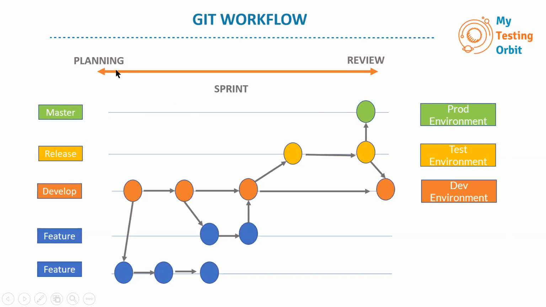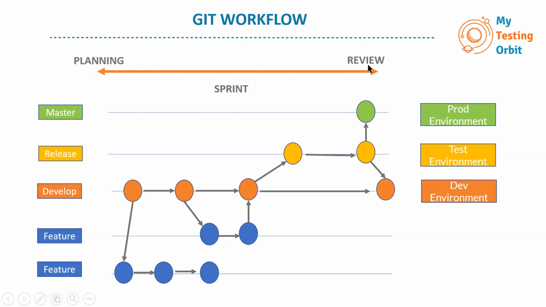And if you notice, we are seeing the progress of all these branches in a sprint. So this is the entire sprint of 2 weeks. We started with planning. We will be ending in review.